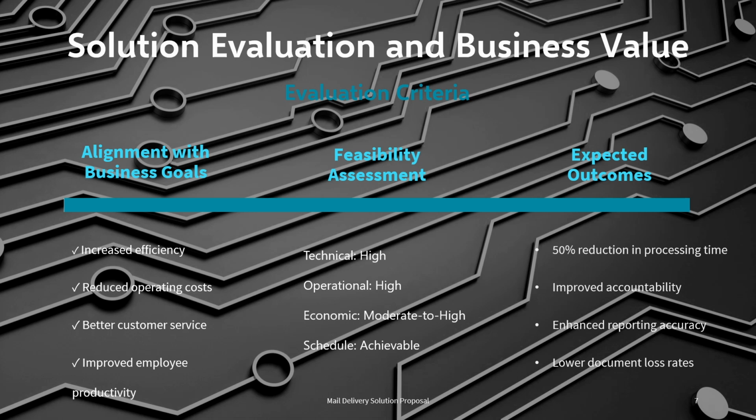The proposed technology is technically feasible because barcode scanning, workflow automation, and reporting tools are mature and widely adopted technologies. Operational feasibility is also high because the process improvements closely support existing business activities while minimizing disruption. Expected benefits include a reduction in mail processing time, improved delivery accuracy, enhanced reporting capabilities, lower administrative costs, and increased employee satisfaction.